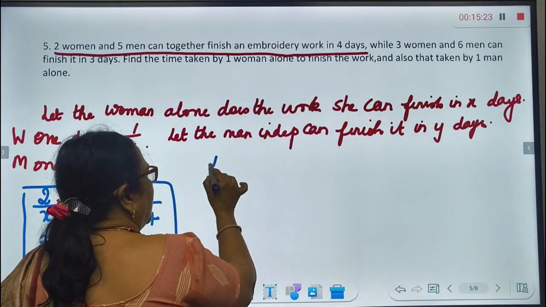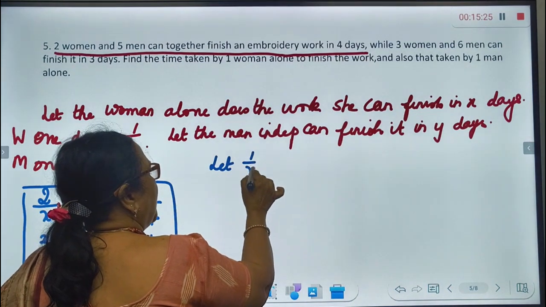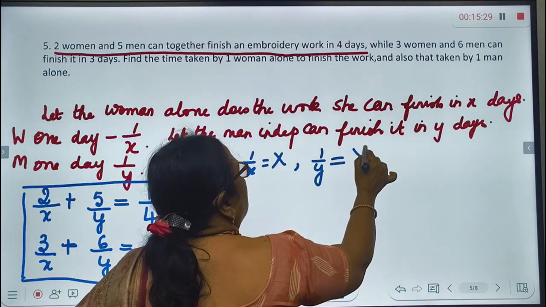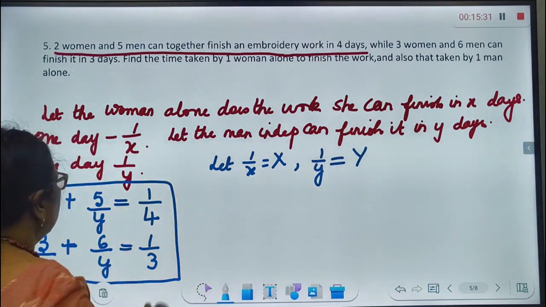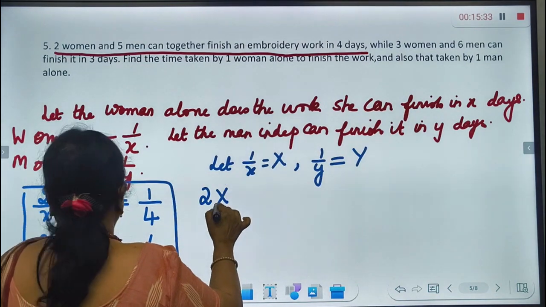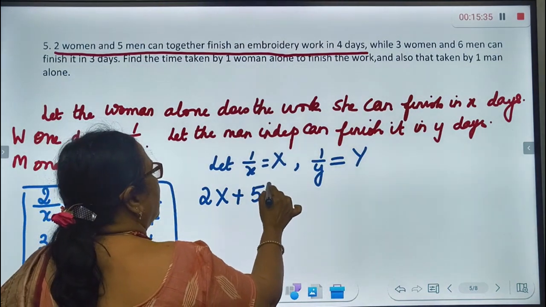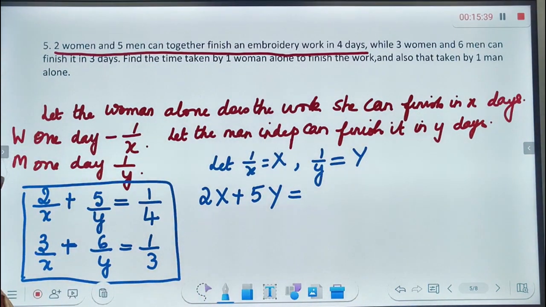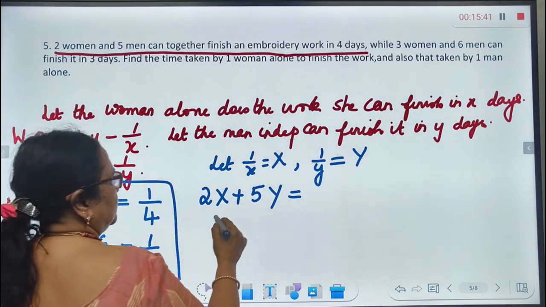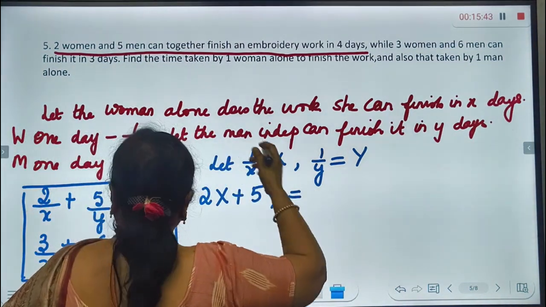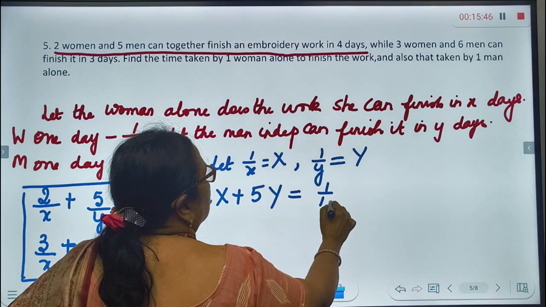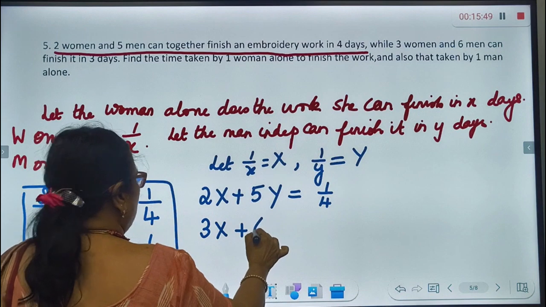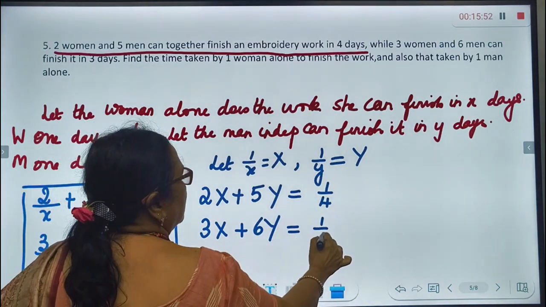Now let 1 by x be equal to capital X and 1 by y be equal to capital Y. Then 2X plus 5Y equals 1 by 4. And 3X plus 6Y equals 1 by 3.